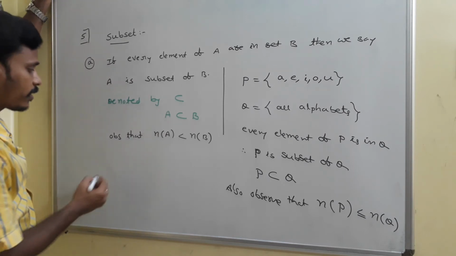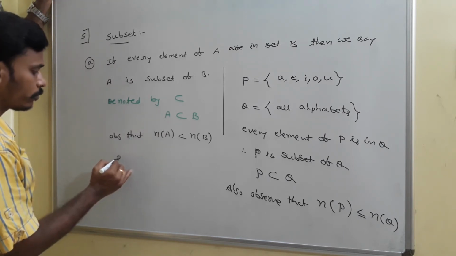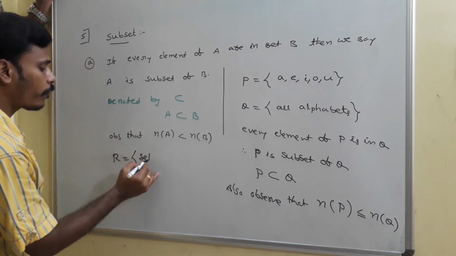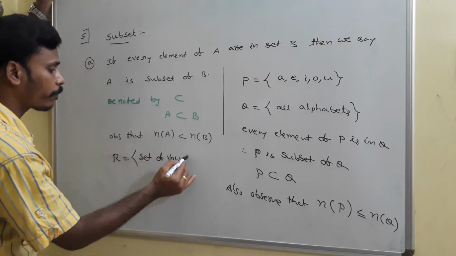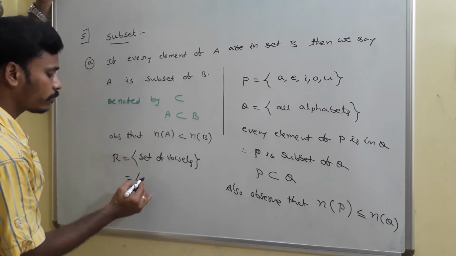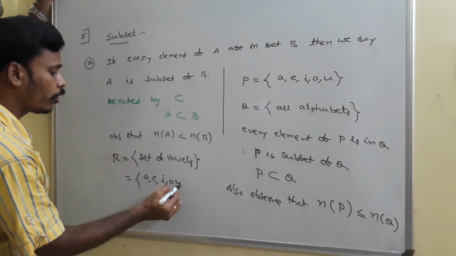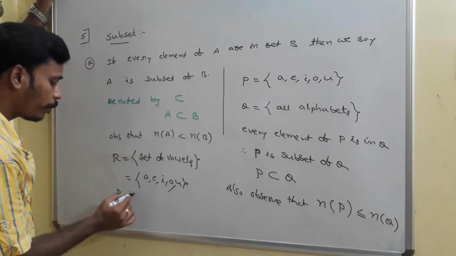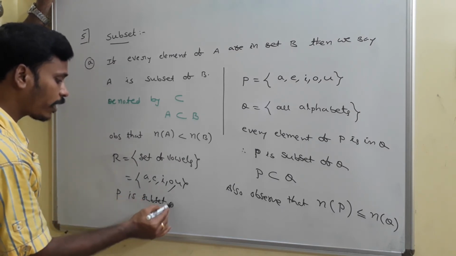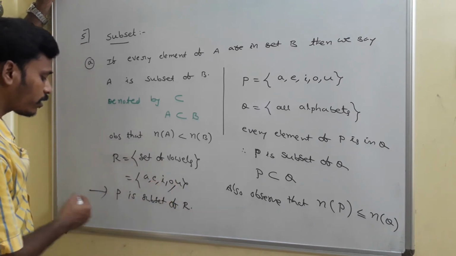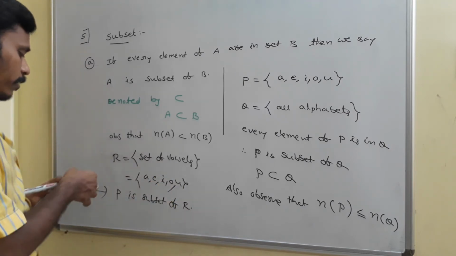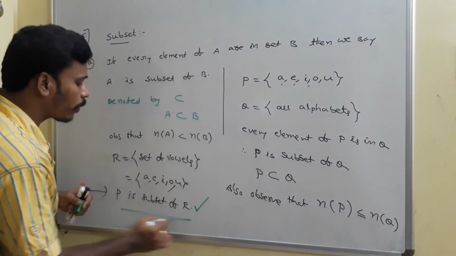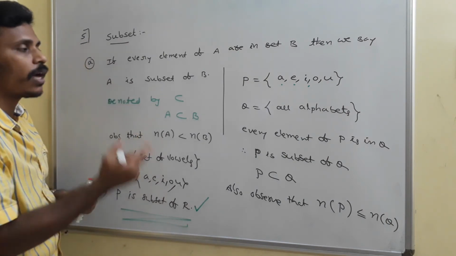For example, if P is equal to A, E, I, O, U, and R is the set of vowels, it again contains A, E, I, O, U only. That means P and R are equal. In this case, again I will say that P is a subset of R. Is it right or wrong? If you say that P is a subset of R, then it is a correct statement, because every element of P is in R. This is also one possibility for P being a subset of the other set.